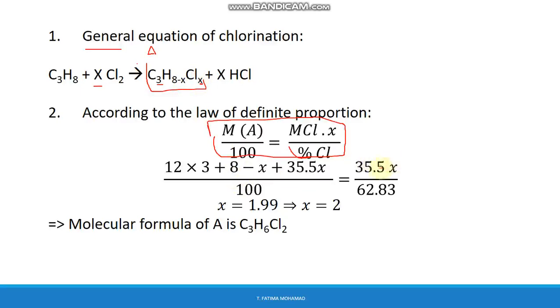Over 100 equals 35.5 times X over the percentage by mass of Cl. By this calculation, you will get X equal to 1.99, which equals 2. So you substitute X in A, and it became C3H6Cl2.